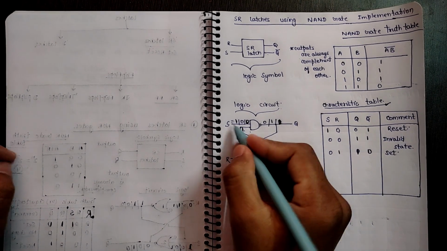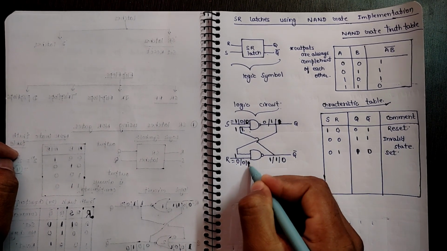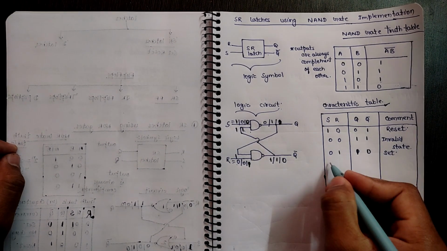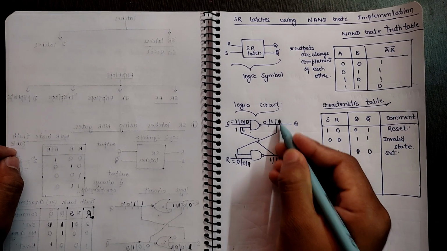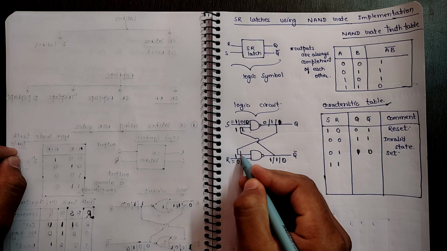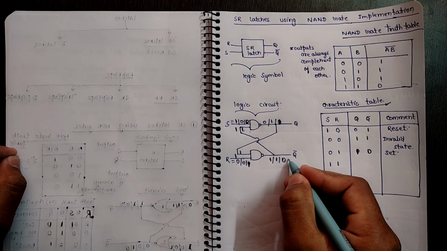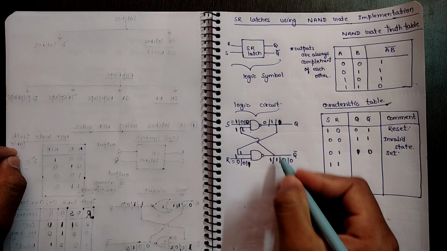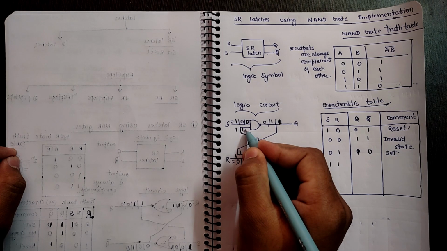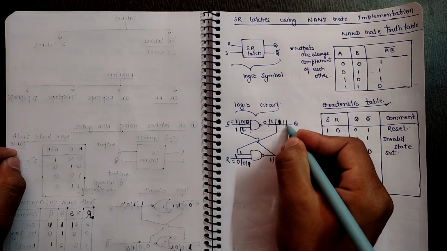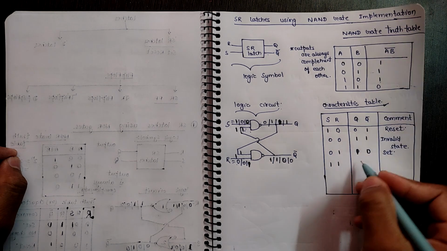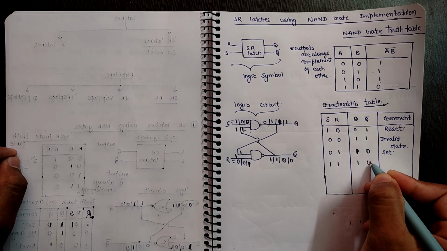Now for the last case, when we take 1 and 1 as the input, and considering the previous output as 1 and 0, this will become 1, and 1 and 1 will form 0. And here the previous output will come here, and the 0 and 1 will form 1. So if we consider 1 and 1, we are getting 1 and 0.